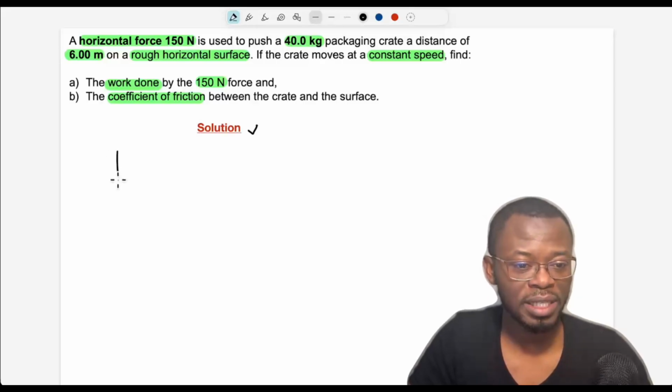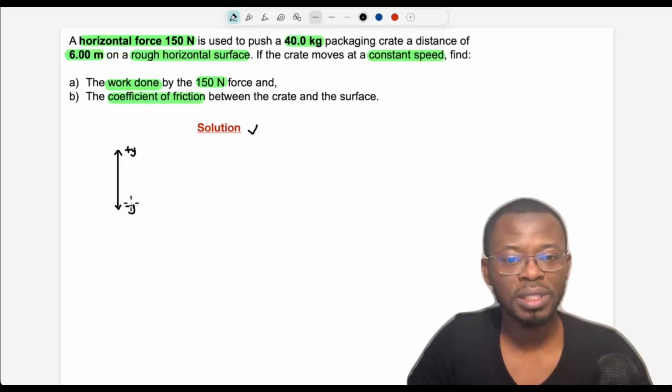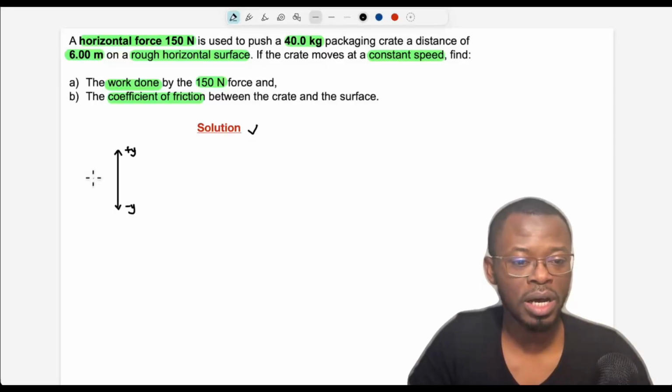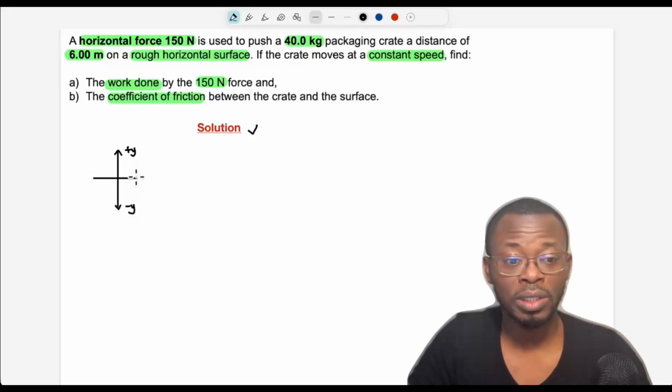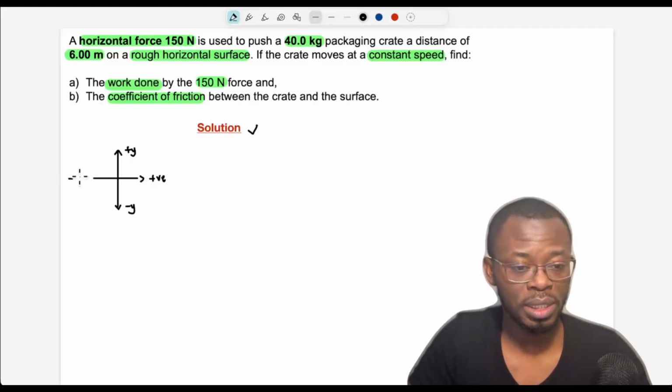So I'll have my vertical axis with the positive Y pointing upwards and the negative Y pointing downwards. In this case, any force pointing upwards is going to be positive and pointing downwards is going to be negative. In the same sense, I will have the horizontal axis along the X direction, which to the right would be positive and to the left is going to be negative.